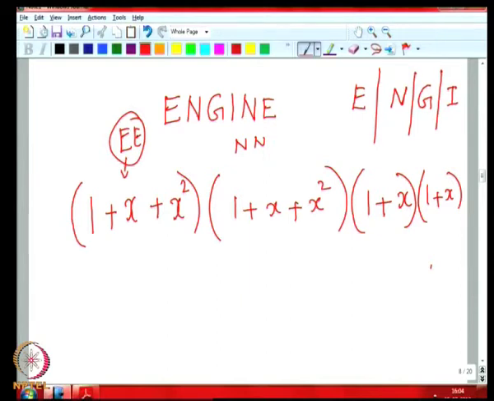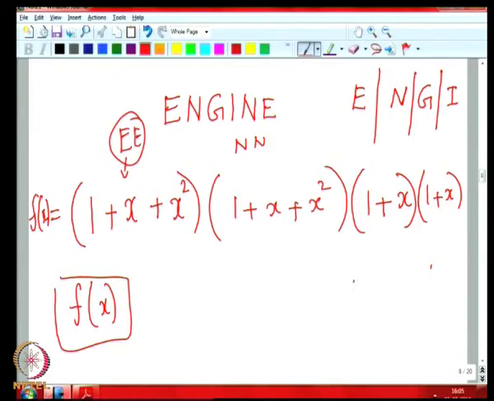Now, let us say this is f of x, we claim that this f of x is indeed the exponential generating function for the count we are looking for, which essentially means that we are looking for in how many ways 4 letters can be picked from the 6 letters available here and permuted, arranged, right.